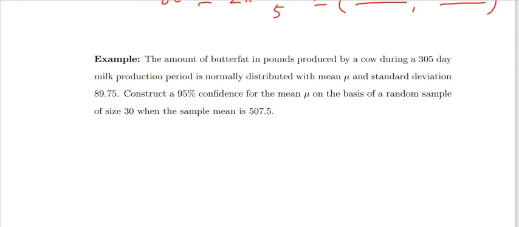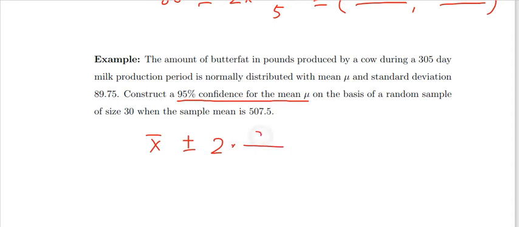So let's check this example. Here the problem is we want to construct a 95% confidence interval for the mean. At first we use the formula x bar plus or minus, for 95% the coefficient 2, right, times sigma over radical n.